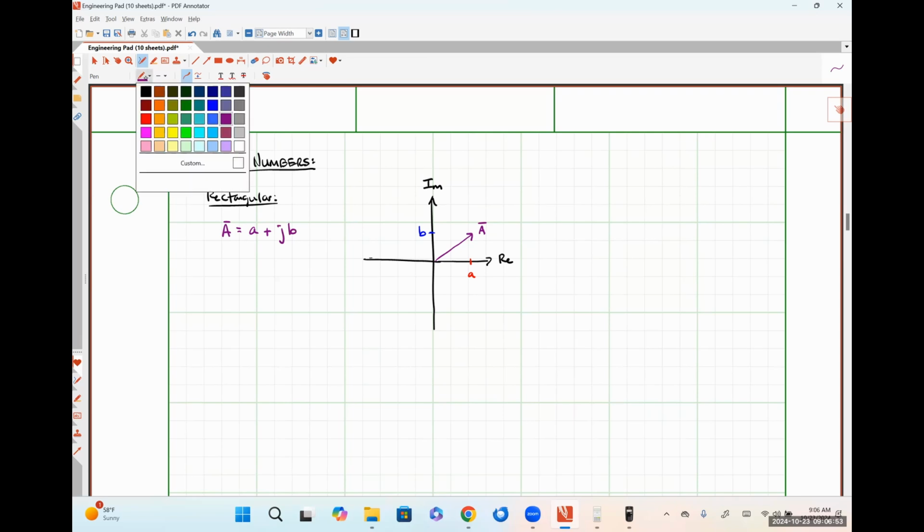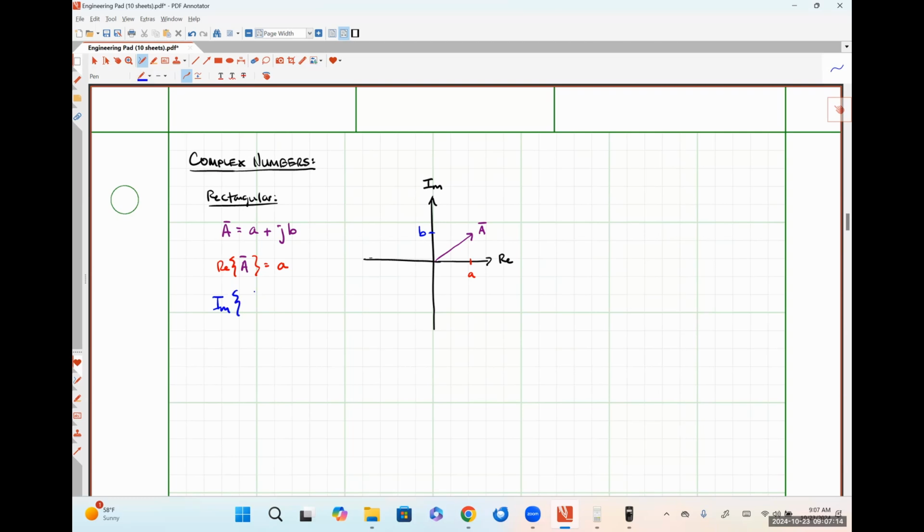So let's get into the details there. The real part of complex number A is simply lowercase a, and the imaginary part of complex number A is just lowercase b.